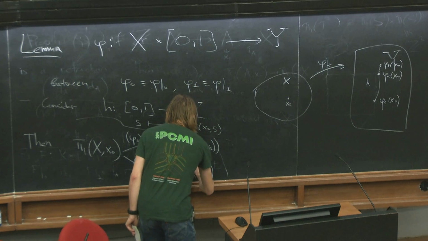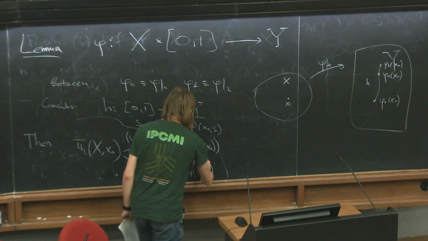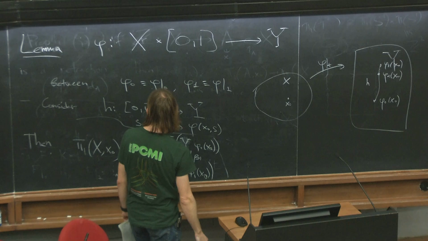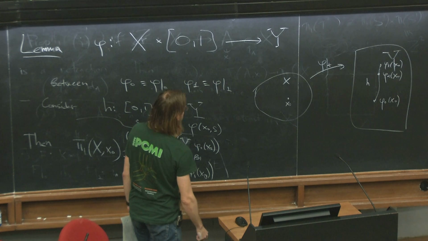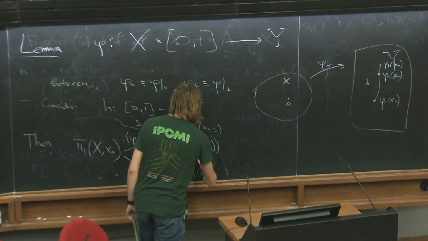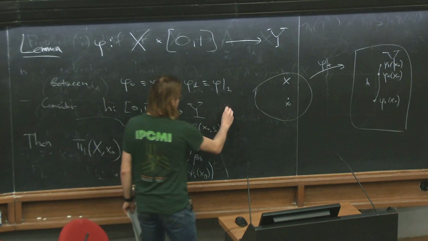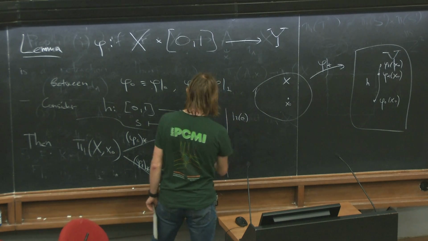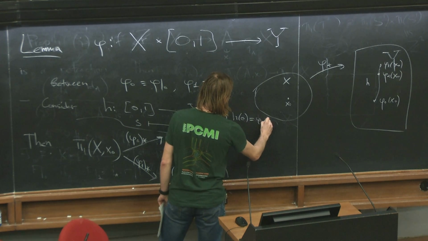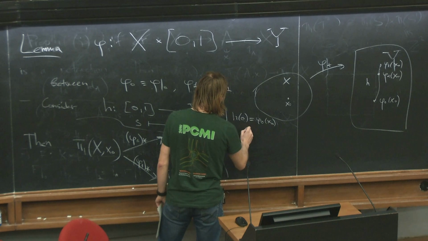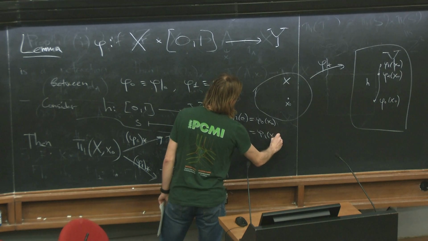This is what we denoted as beta_h, right? Because h is a path which, by construction, starts at phi_0 of x0 and ends at phi_1 of x0.